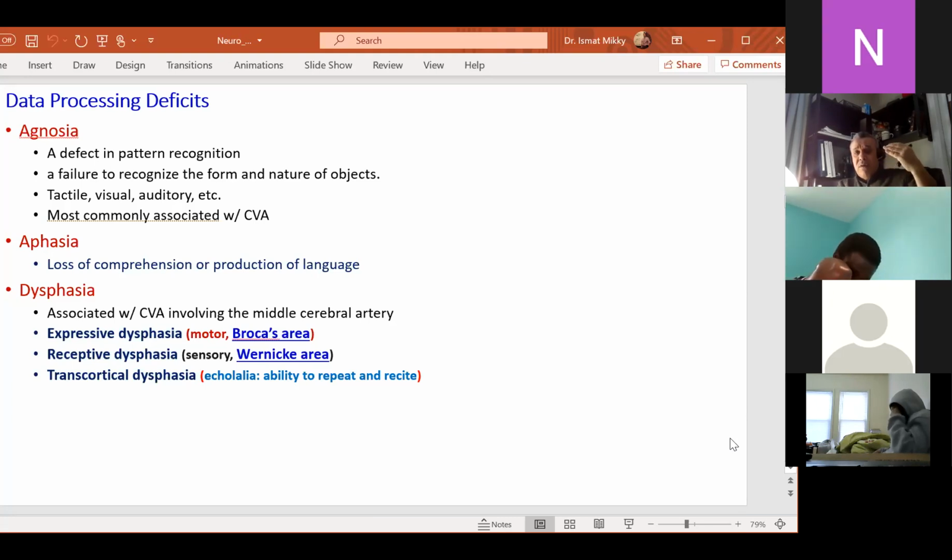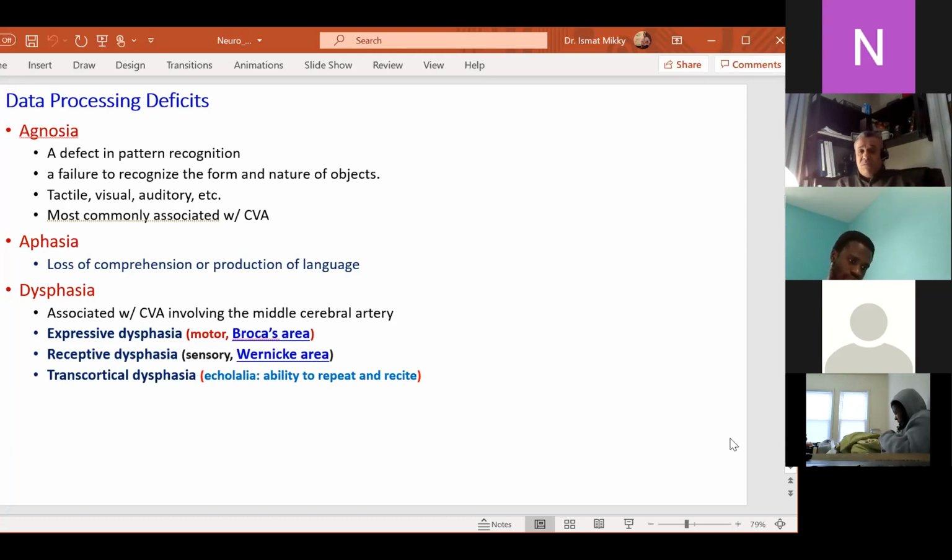They cannot find the appropriate words at that moment. To say I want to eat, it will take them a while if they're unable to find the words, the 3 words, I want, or 4 words, I want to eat. So they cannot find the words, and they have difficulty writing things down.